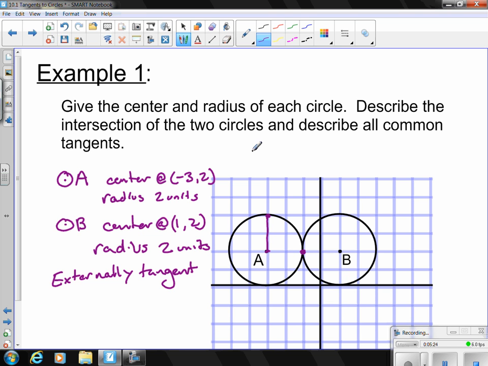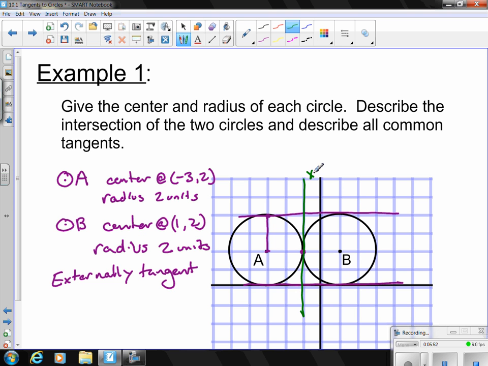And describe all common tangents. There are going to be two tangent lines, 1, 2, that are external common tangents, and there would be one common tangent that would be an internal common tangent. A lot of times we like to just use equations.